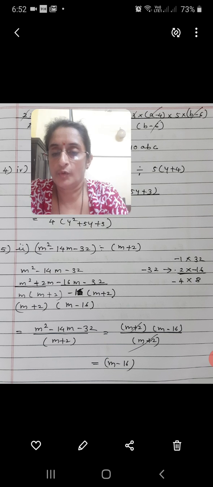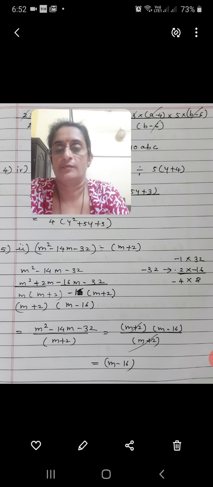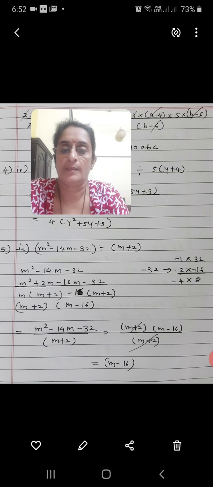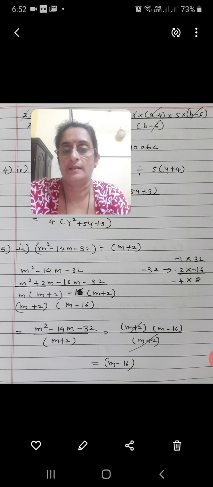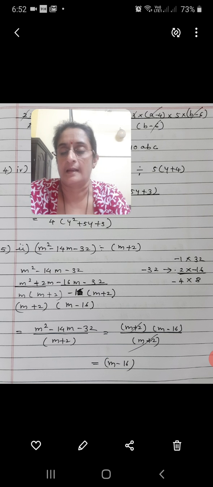Now make two groups. m² + 2m is the first group, m is common, m is out of the bracket and m + 2 will be in the bracket. The second group is −16m − 32. Take −16 as common, m + 2 will be in the bracket. So m + 2 is repeated, take it as the first factor and m − 16 as the second factor.